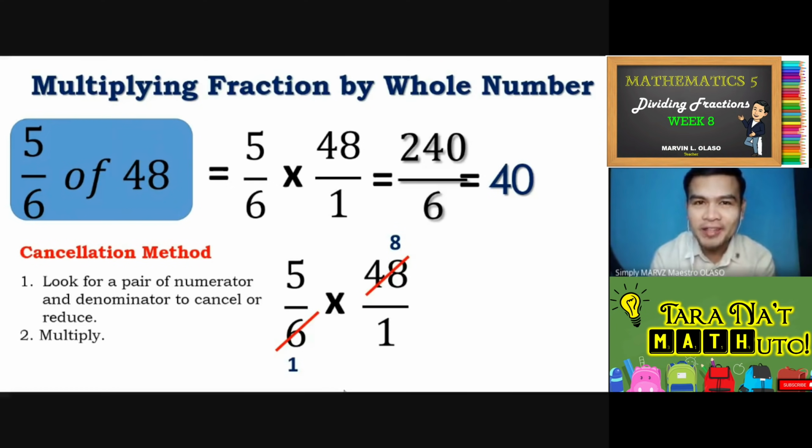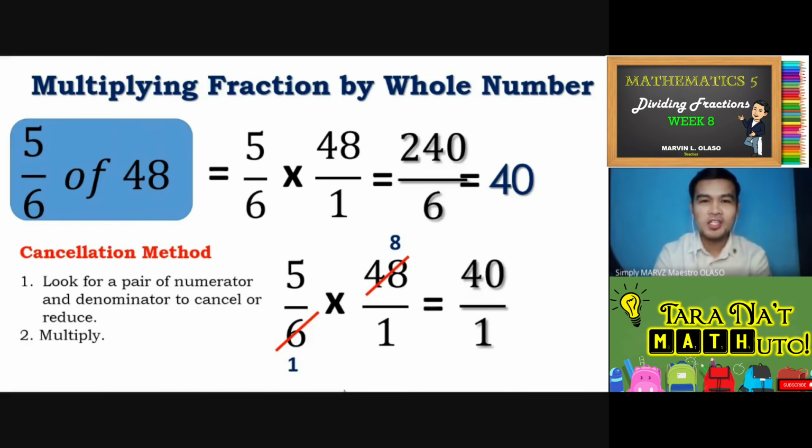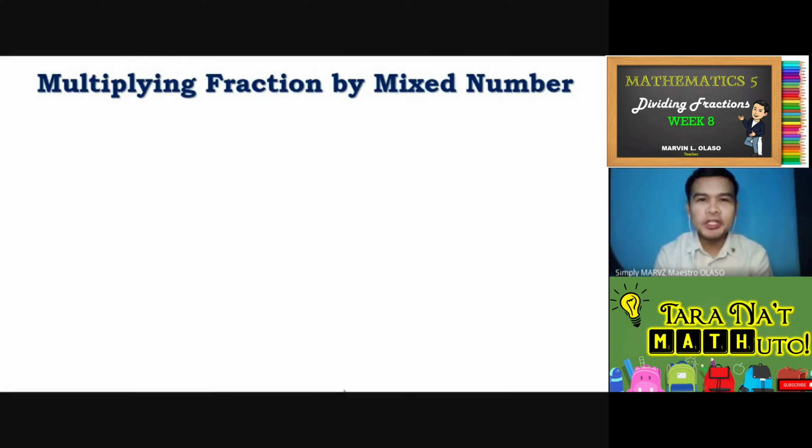Now, let's multiply the numerators. 5 times 8 equals 40. 1 times 1 equals 1. If our answer is 40 over 1, then 40 divided by 1, the final answer is a whole number. So it's equal to 40. Nakuha po ba? Yes!